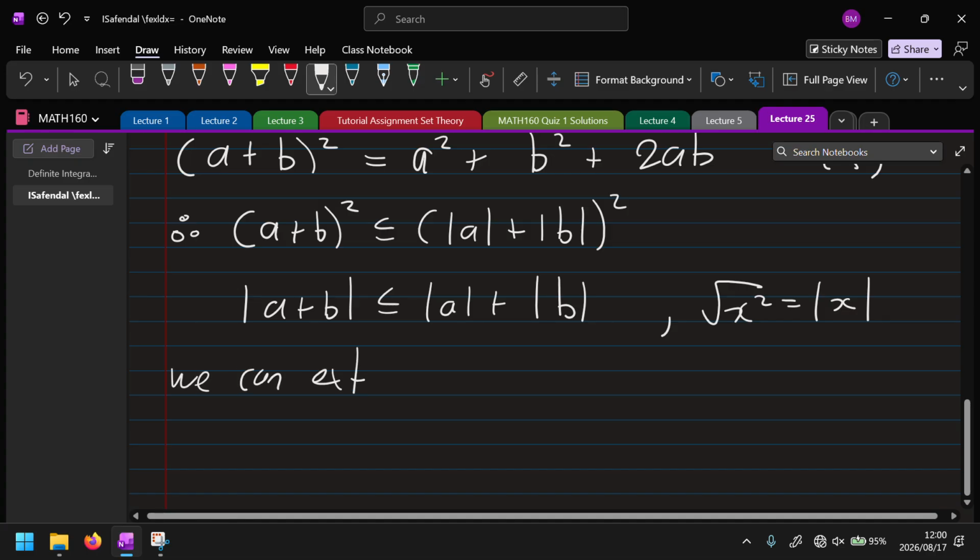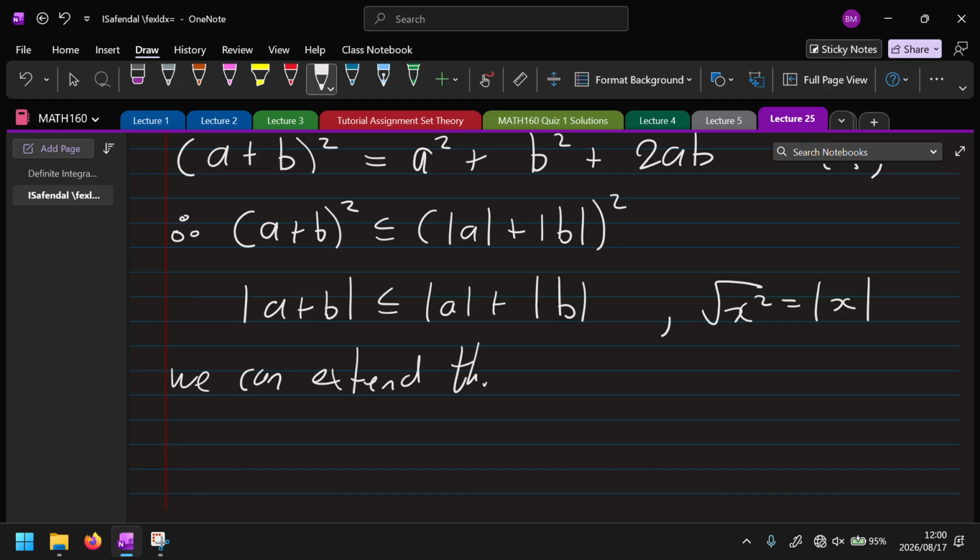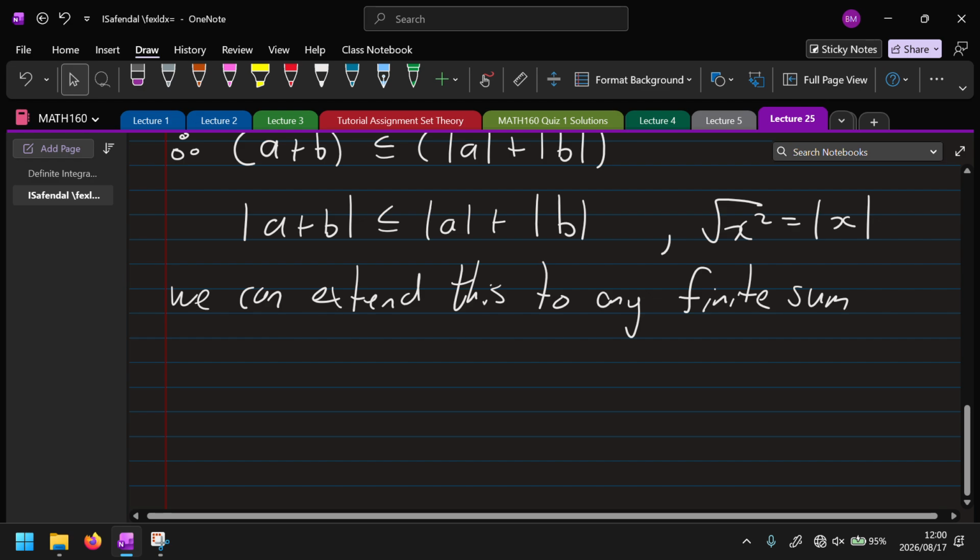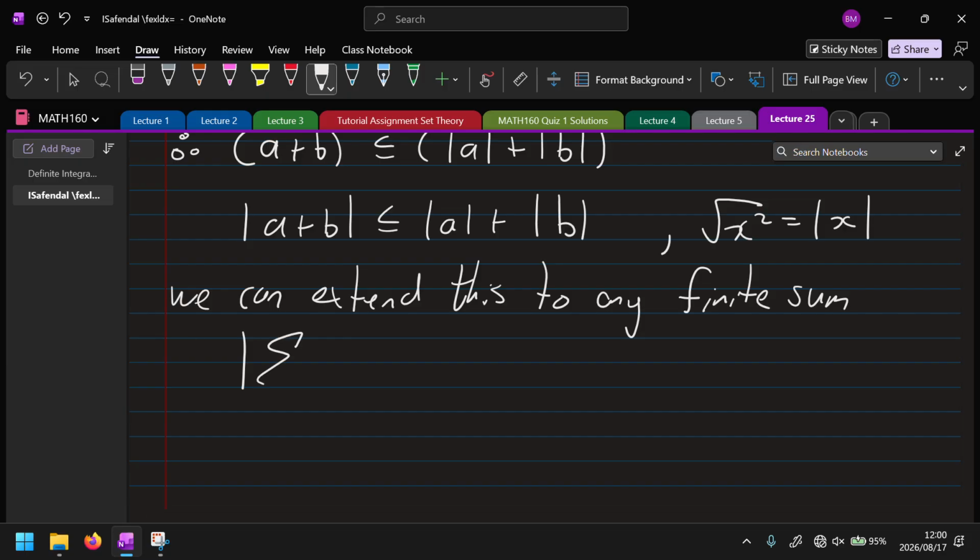So we can extend this to any finite sum. On the one side, we put the sum, i equals 1 to n, of a sub i, whatever that might be: a1, a2, a3, and so on.